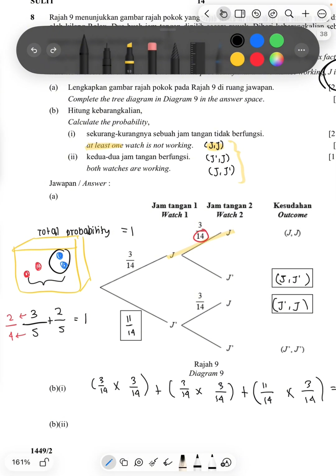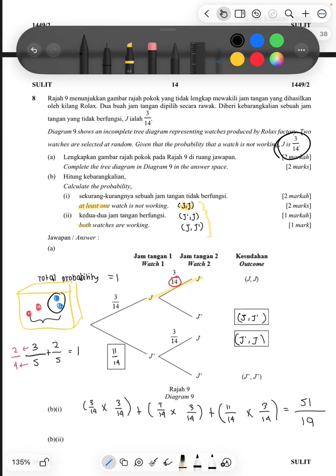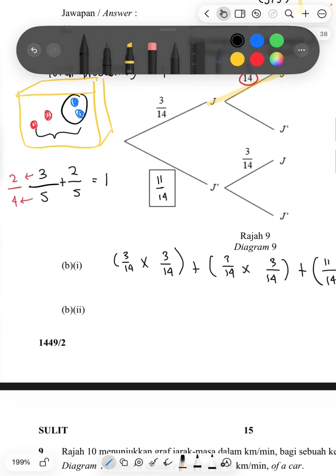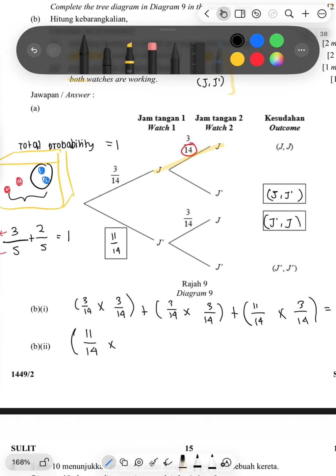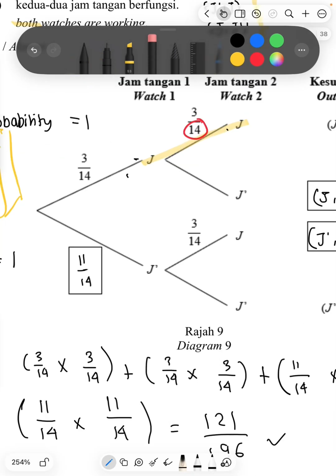Okay. Now, what if both watches are working? They want both. So this means that they want J prime and J prime. So that's equal to 11 over 14 times 11 over 14, which is 121 over 196. Oh, patutlah.